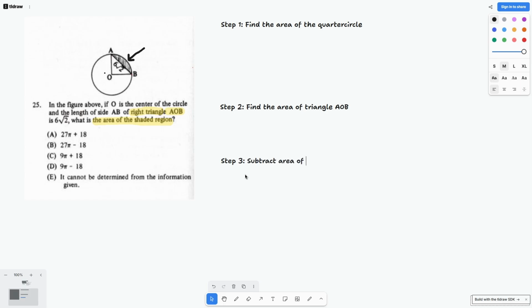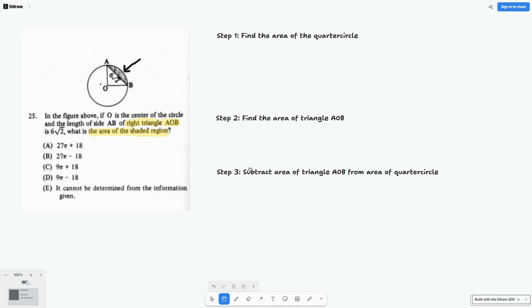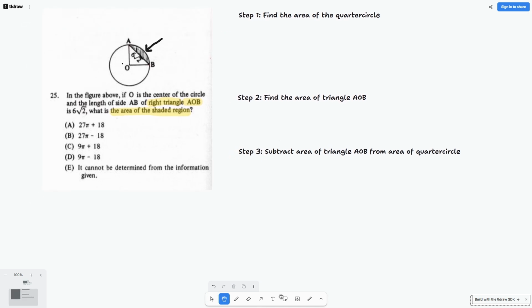Subtract area of triangle AOB from area of quarter circle. And once we've done these 3 things, we'll have our solution.